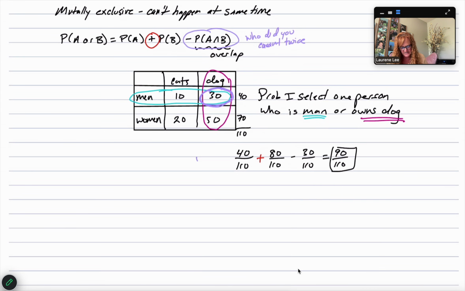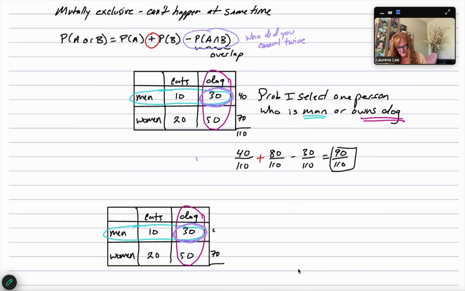Now, what if I say, well, maybe we need a bigger chart for this. Let's make a chart, and let's add another animal in here.